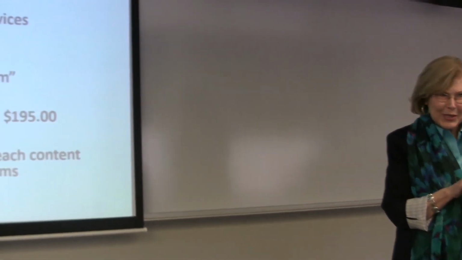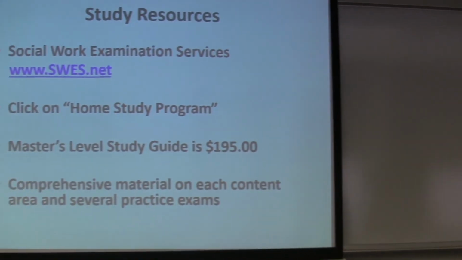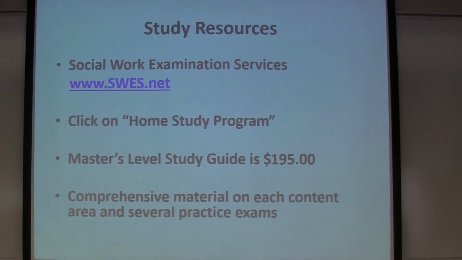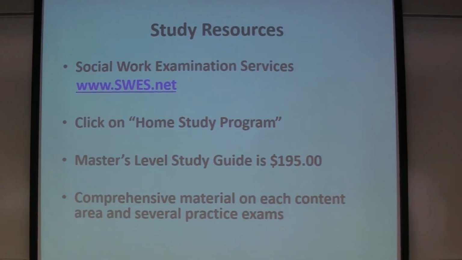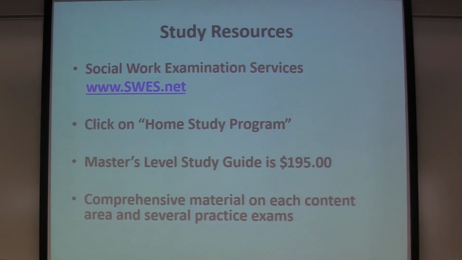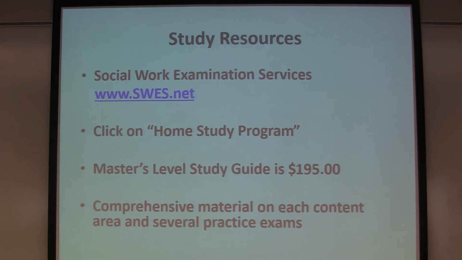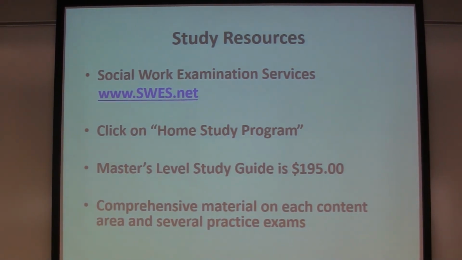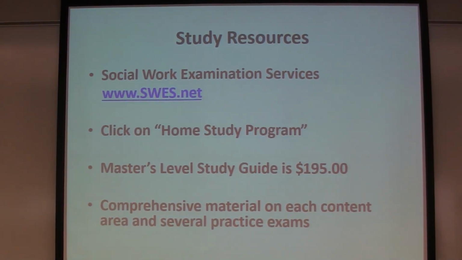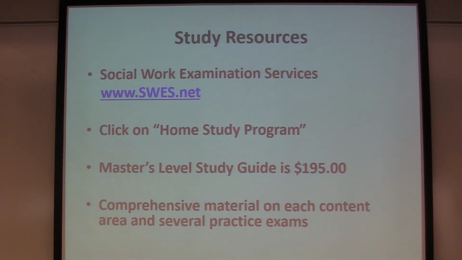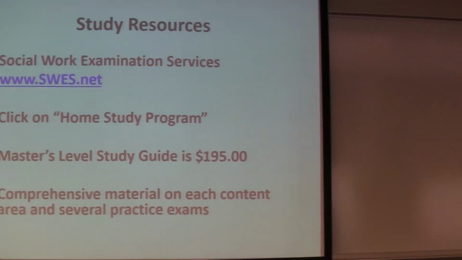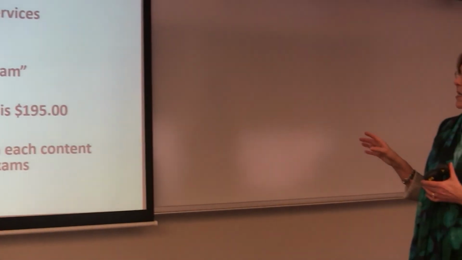So, some of the study resources for those of you who would like to start studying now. You don't have to, you could wait till you graduate. But here are some of the resources that students have reported are quite helpful. And that is Social Work Examination Services. That is the email. You click on Home Study Program. Again, it's the master's level. You want to remember, it's not the clinical. It's the master's level study guide.